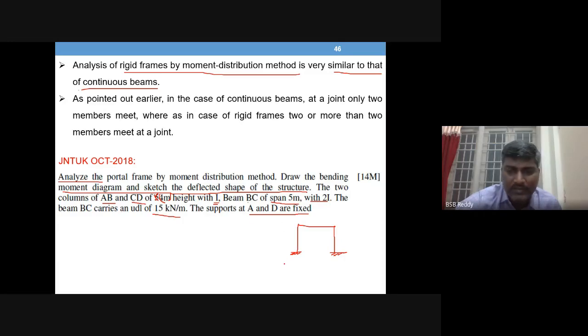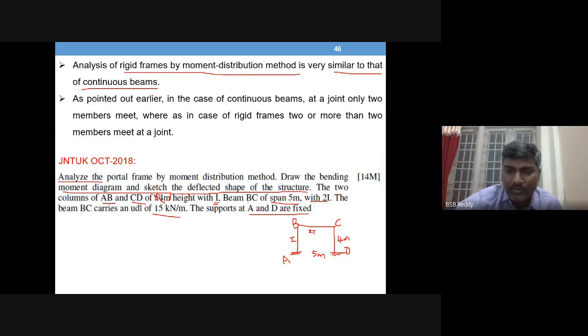So A, B, C, D. AB and CD have 4 meters height, and beam BC has a span of 5 meters. This is I for the column and 2I for the span beam.